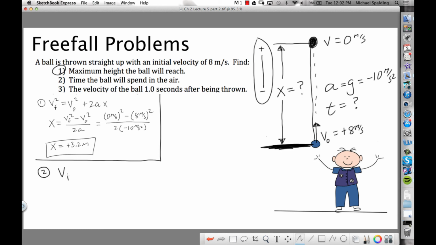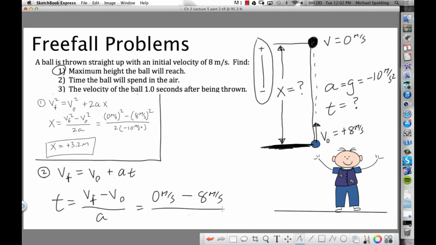I would use V final equals V initial plus AT, and then rearrange this for time. Time is going to be V final minus V initial over A. Using the maximum height to be the final point, final velocity is 0 meters per second. Initial velocity is 8.